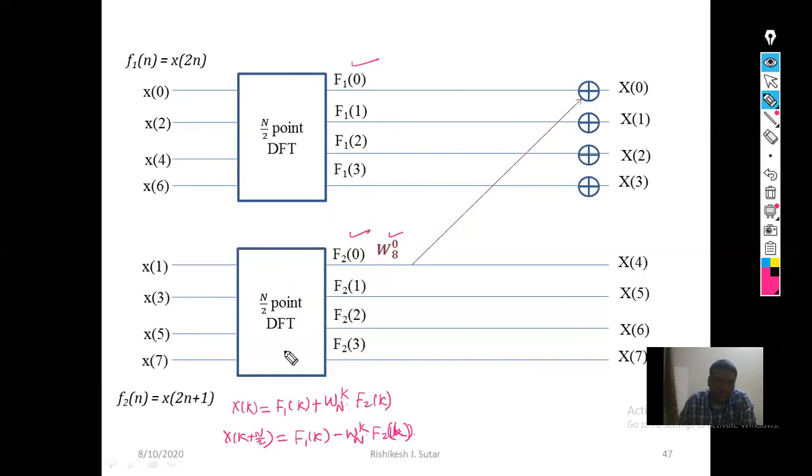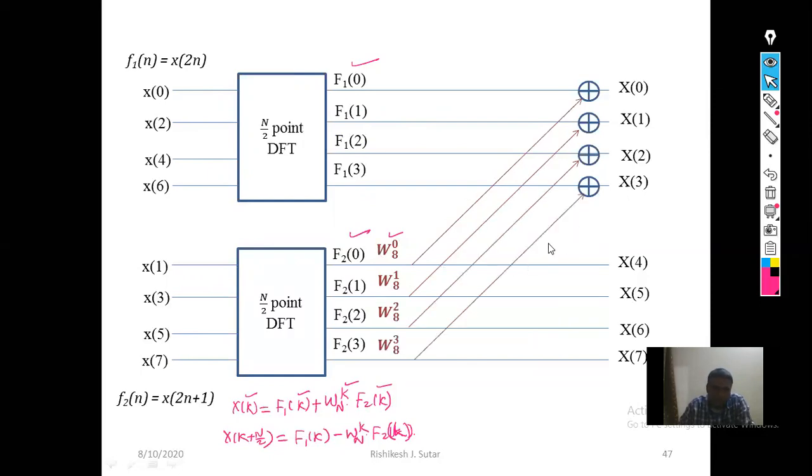Similarly, if I put k equal to 1, I'll get x of 1 is equal to f1 of 1 plus w at 1, f2 of 1. For that purpose, I have to consider here w at 1, and then I have to add it to f1 of 1. Okay. Similarly, I can do it for the other two values also, k equal to 2, k equal to 3.